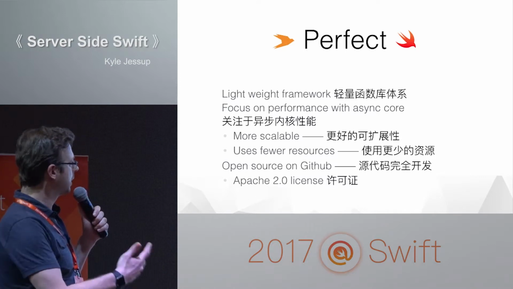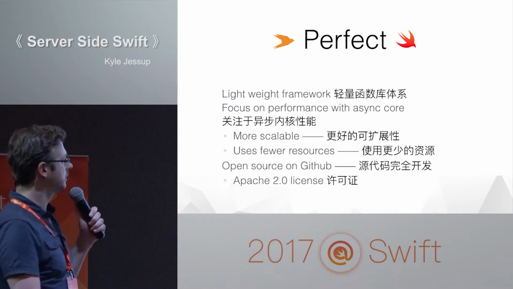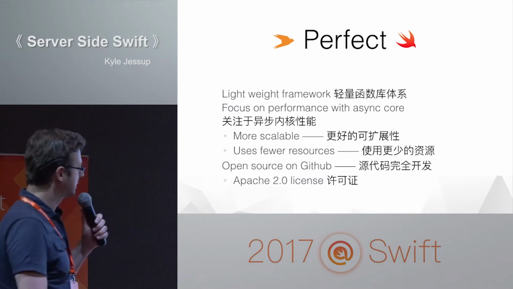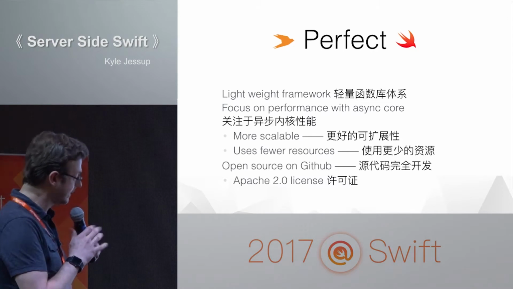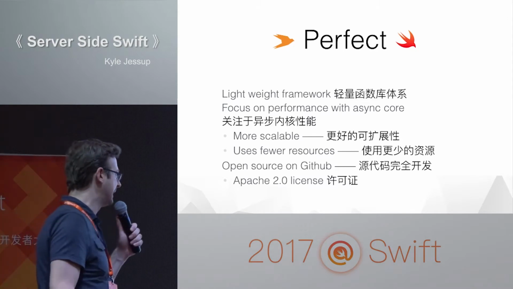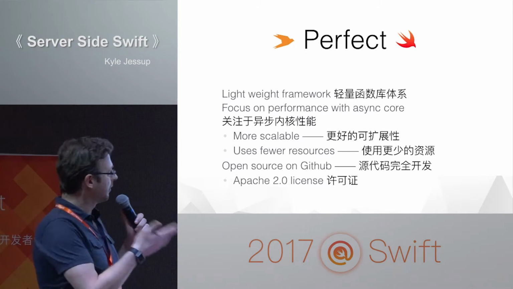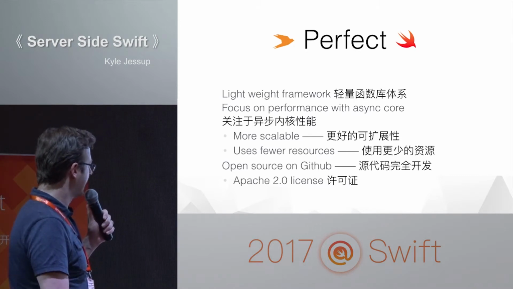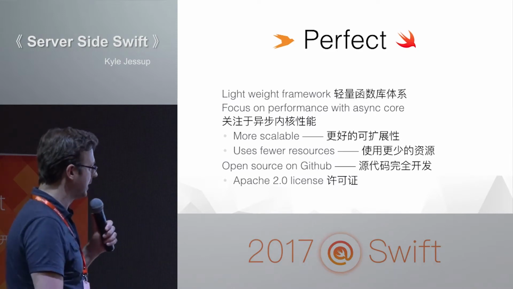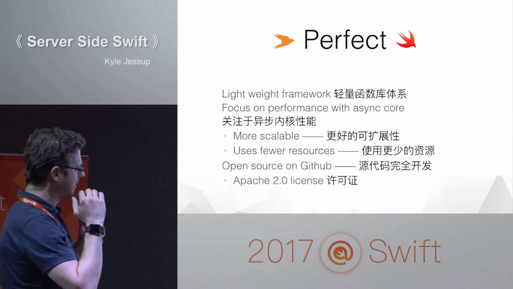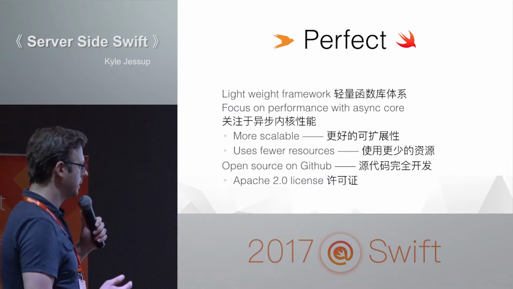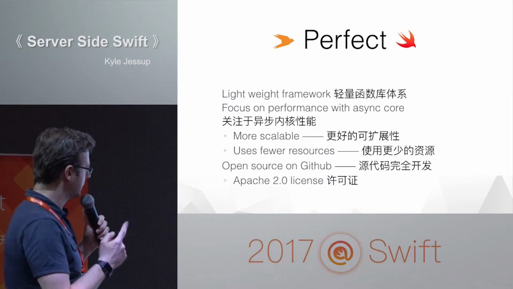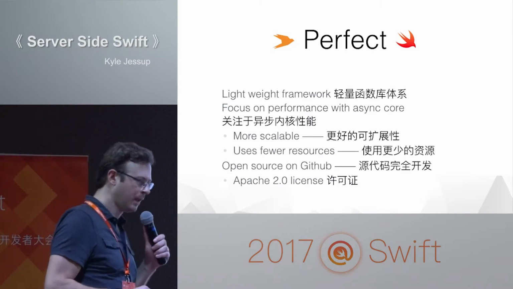What we try to accomplish here is a very scalable system that uses very few resources. Swift makes that pretty easy as long as you make the right decisions at the beginning. So that's really our focus, performance. And you might say it's lightweight because it doesn't have a lot of systems that you have to get familiar with. We try to stick to a very simple model, and I'll show you some concrete examples in a second.